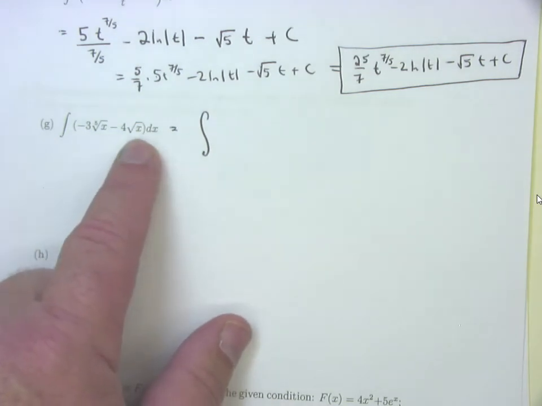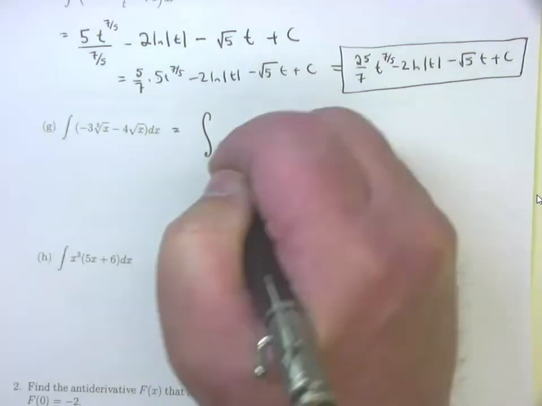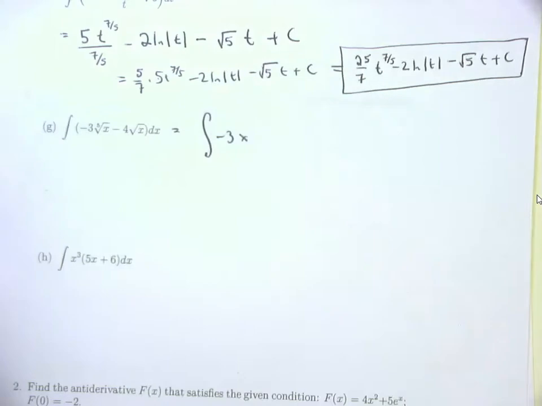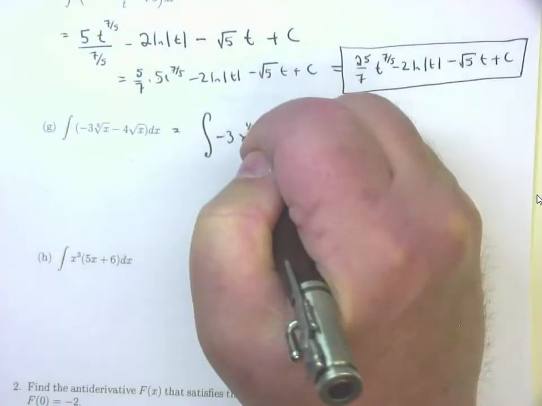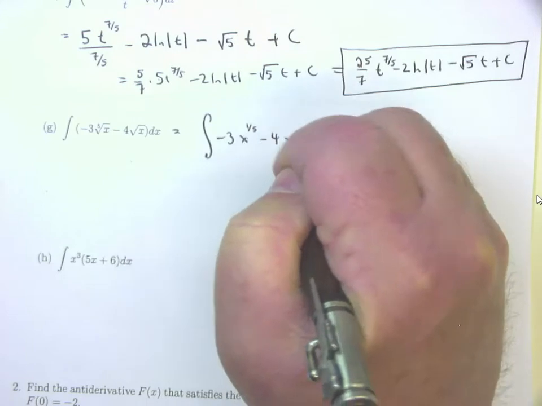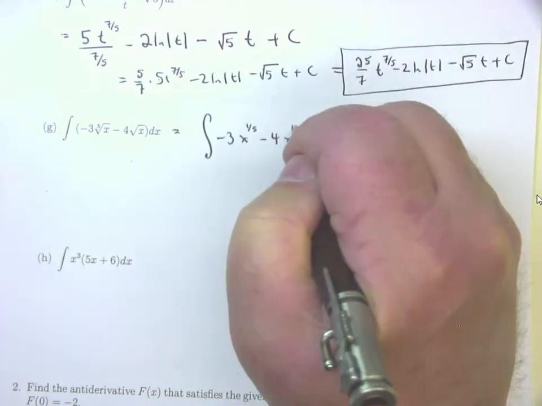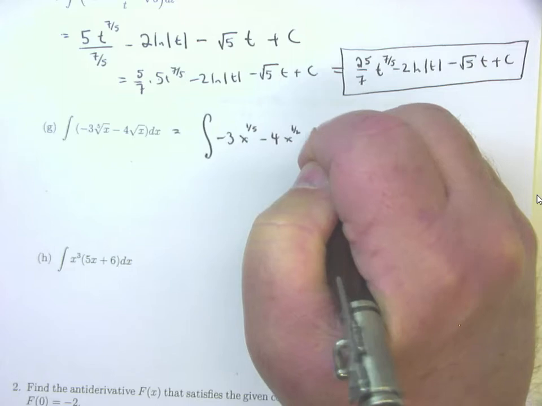I don't do radicals. Radicals, square root, it becomes a 1/2 power. An nth root of x is x to the 1/n power, right? So this will turn into -3x to the what? What's the 5th root of x also known as? x to the 1/5 power. Minus 4 times x to the 1/2 power dx.